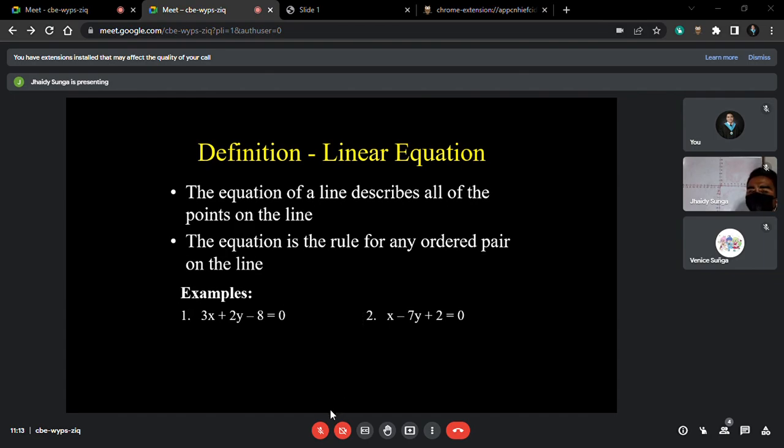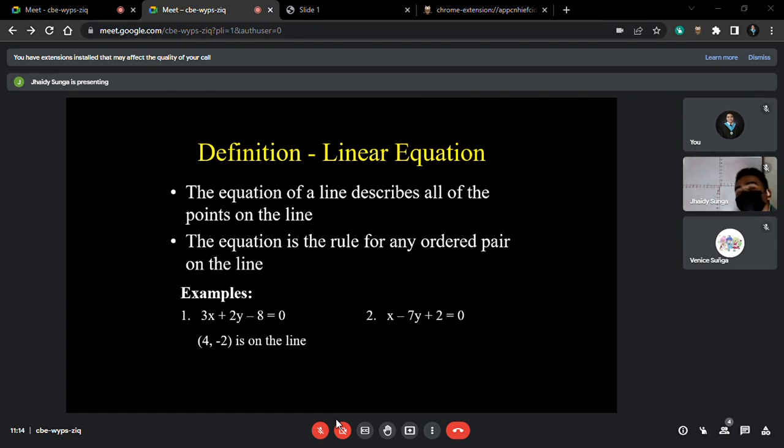Now, it is said that the coordinates 4 and negative 2 is on the line. Later, you will know how the coordinates 4 and negative 2 is on the line. So, from the line 3x plus 2y minus 8 is equal to 0, it is said that 4 and negative 2 is on the line.